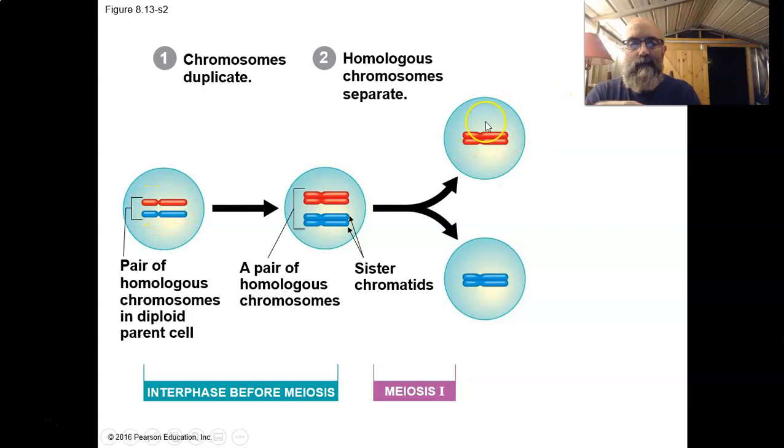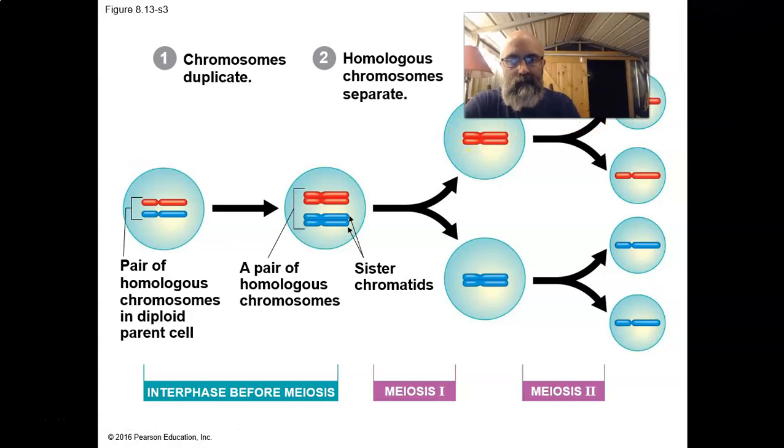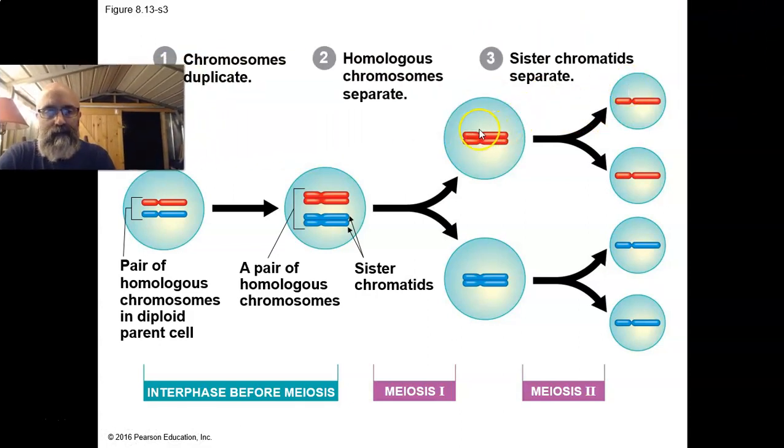Here we have only the mom copy. Here we have only the dad copy, right? And then in meiosis 2, we take these duplicated chromosomes and we split them. How am I going to put this over here? We take this duplicated chromosome and we split it. We take this duplicated chromosome and we split it.